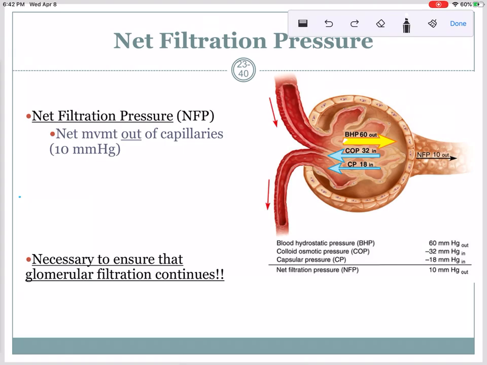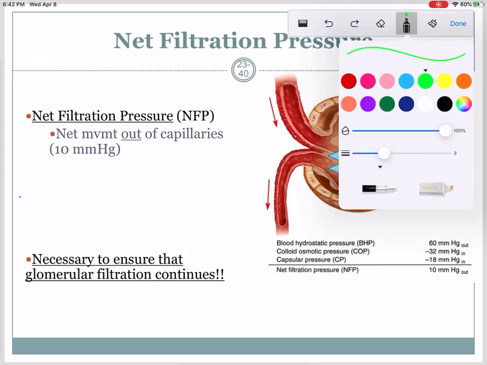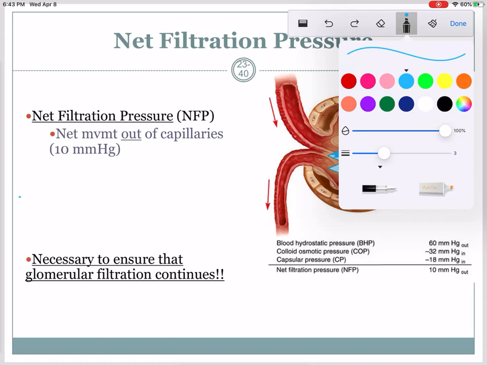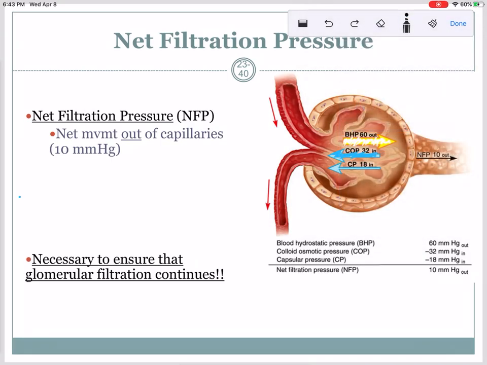The hydrostatic pressure goes out, and the osmotic pressure comes in. Which is greater? Well, as you can see here, we want the hydrostatic pressure to be greater than the osmotic. And you can see that there's about a net filtration pressure of 10 millimeters of mercury.